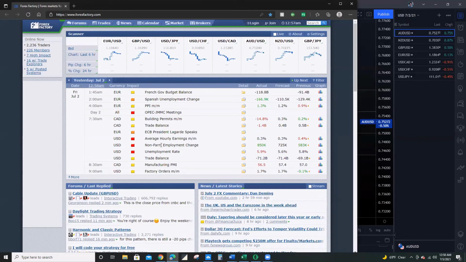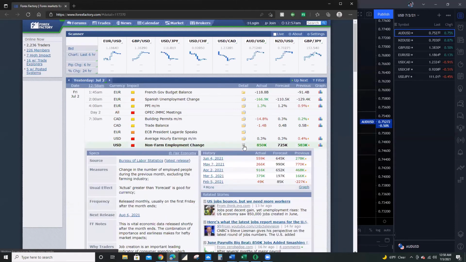Well, everybody knows that NFP has been in the trading for a while. NFP is always a huge event, or not always. Last year it was pretty dead for a little while, but starting to become more sensitive. A lot of these news events, this comes out the first Friday of every month. The change in the number of employed people during the previous month, excluding the farming industries, non-farm payroll.